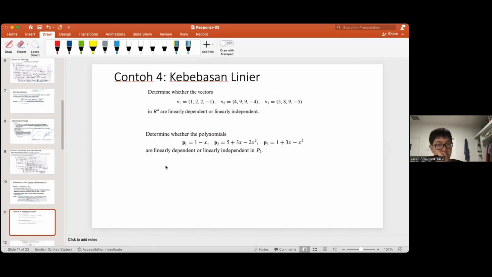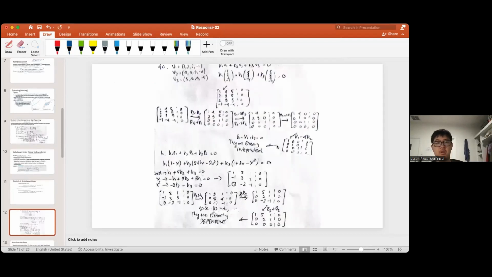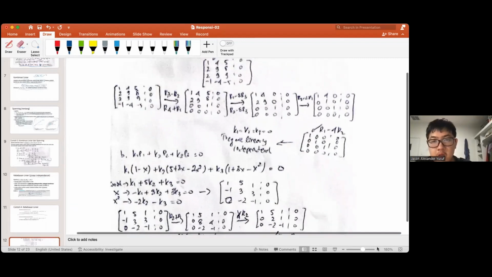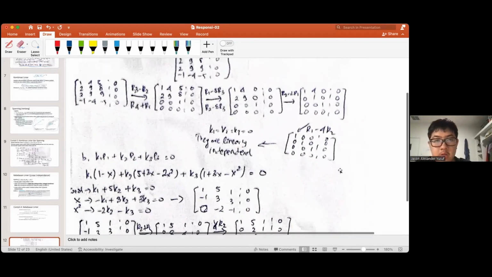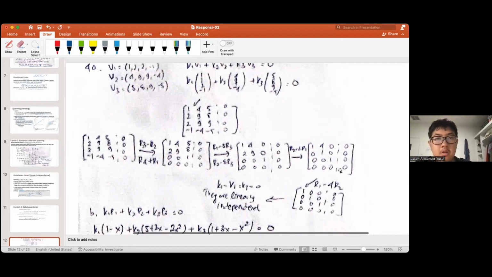Okay, so how do we prove? Let's say we have two different cases, and we're asked to prove whether they are linearly dependent or independent of each other. Now, let's take a look at the first part. So basically, what we're supposed to do is express U1, U2, and U3 as a linear combination equal to 0 here.